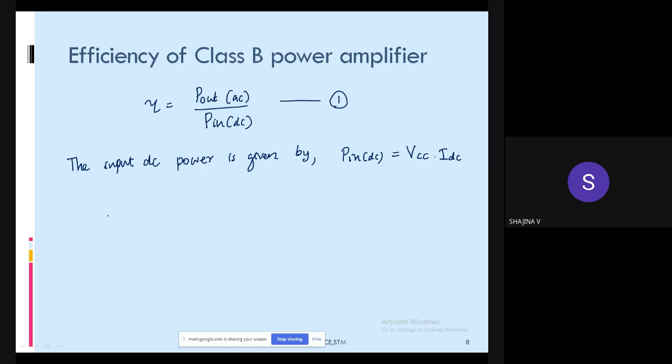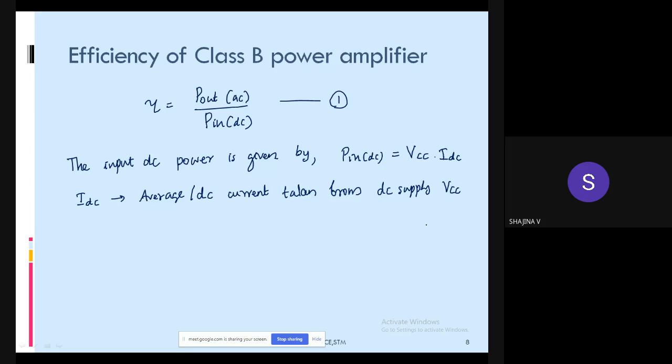This IDC is the average or DC current taken from the supply VCC.